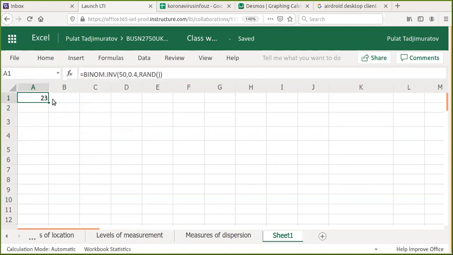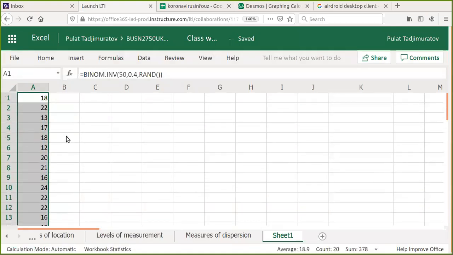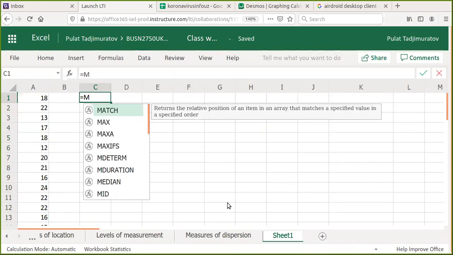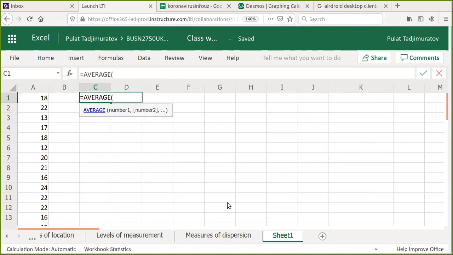I want a large data set, because small data sets with 5 or 10 entries won't be enough for that. So let's take 20 random numbers, as you can see here, and I'll find their average or mean. So it's A1 up to A20.